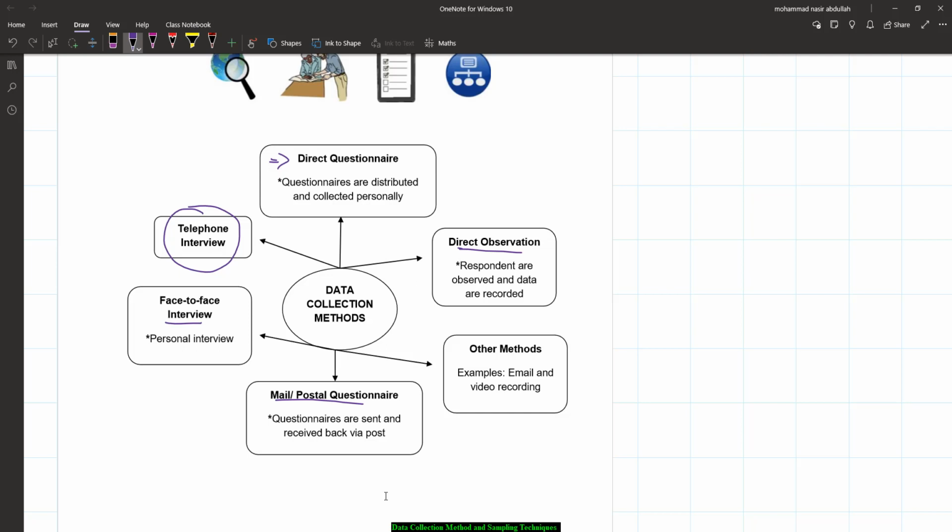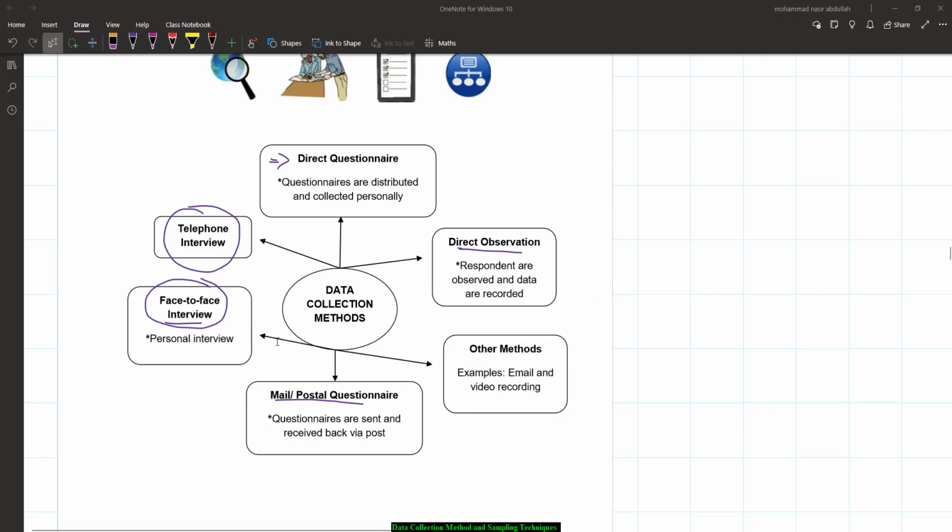Face-to-face interview means that you have a question and you ask the respondent about your research, expecting the respondent to answer each question that you throw to them.